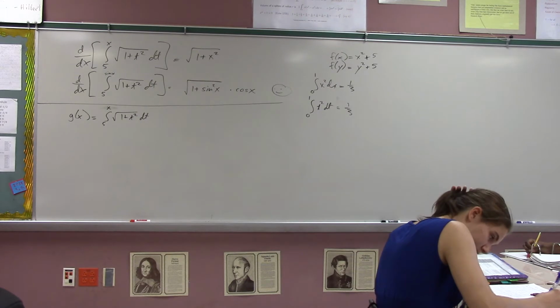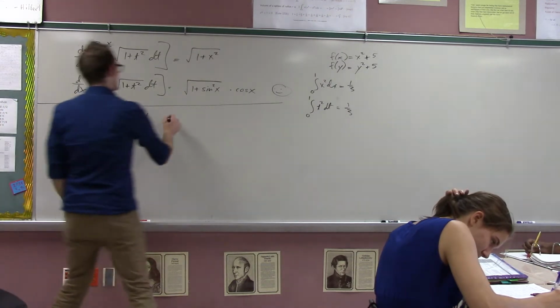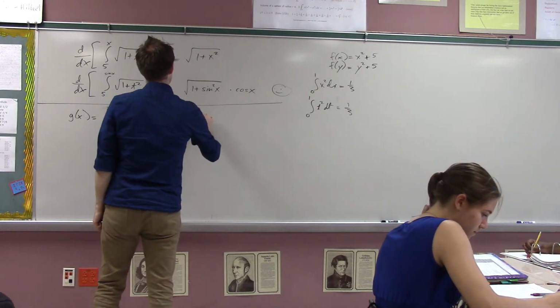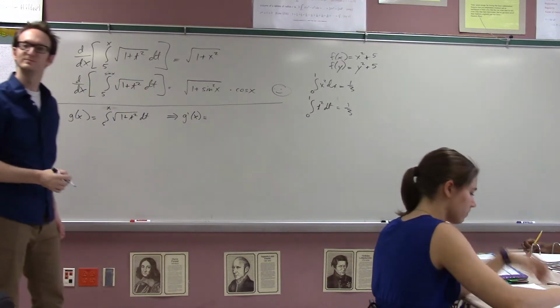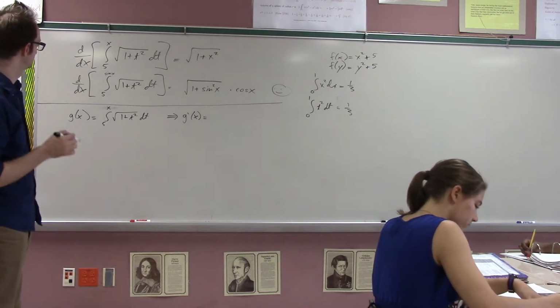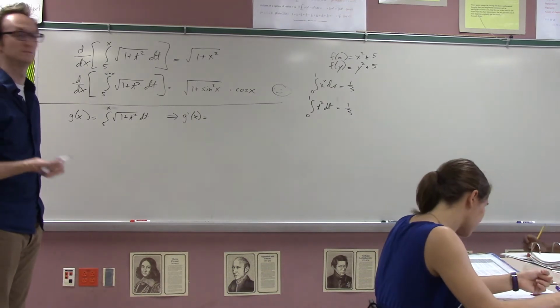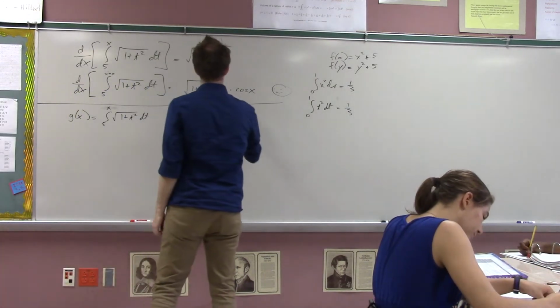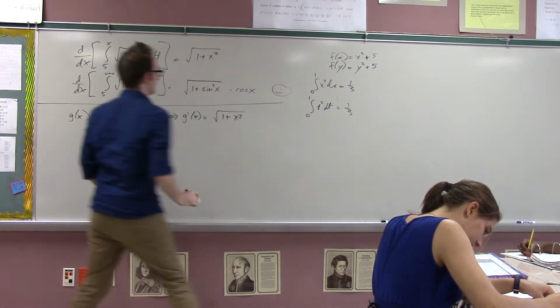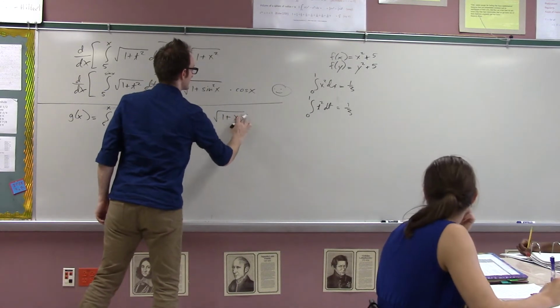Cool? Okay. And tell me what g prime is. The square root of 1 plus x squared. Yeah, this is just the square root of 1 plus x squared, as we've already discussed. This is just applying the fundamental theorem of calculus.